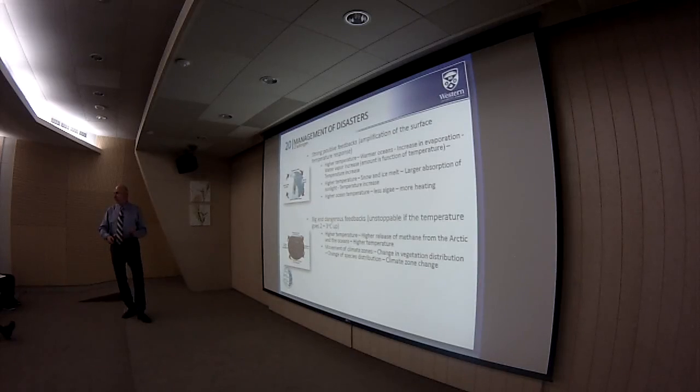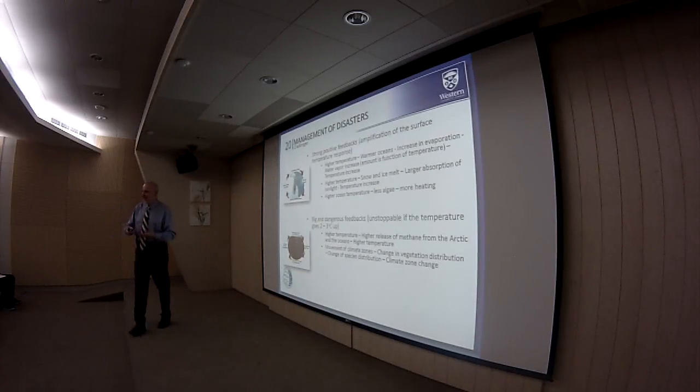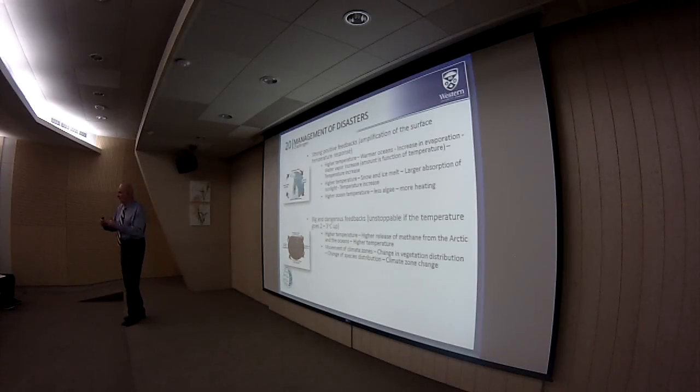The two most probably dangerous are the melt of the permafrost. Northern Canada and northern Russia contain very large areas of frozen ground, and within this frozen ground we have a lot of organic matter, and basically the methane gas, which is a consequence of the decomposition of the organic matter, being kept within this frozen land.